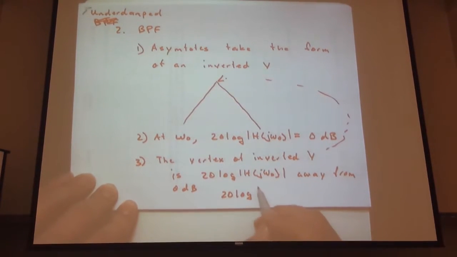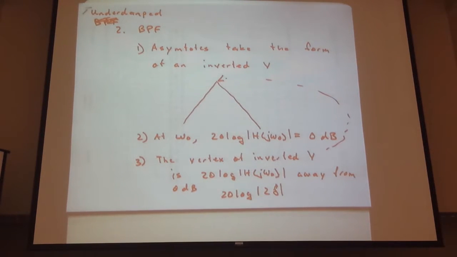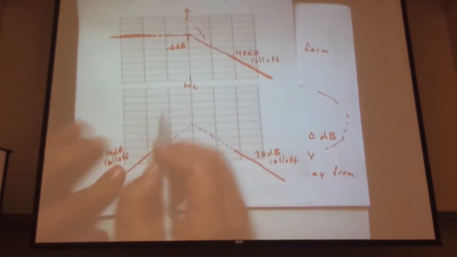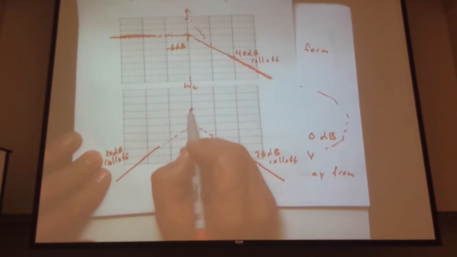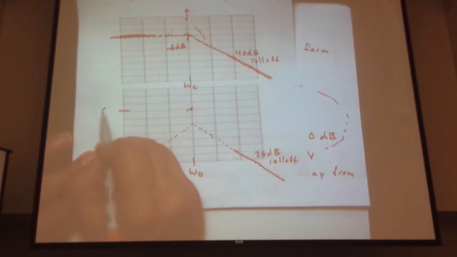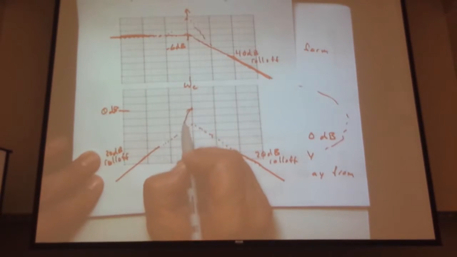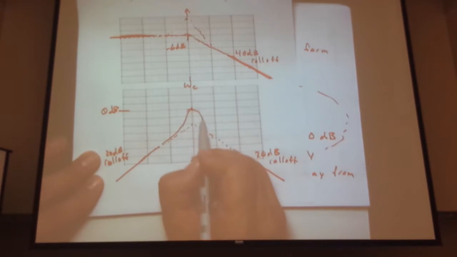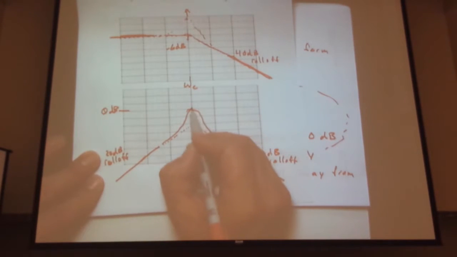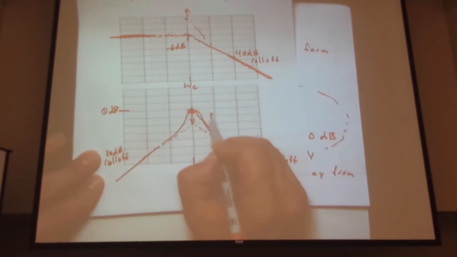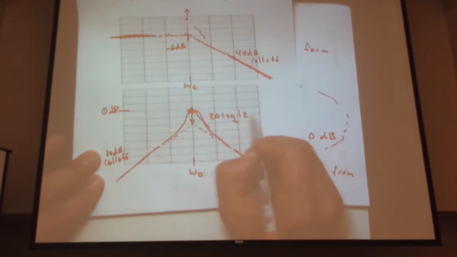Or 20 log of 2 times the damping ratio. So it can be both above or below 0 dB, but if there's our point, ultimately this is a 0 dB point, and our vertex, this distance here is 20 log of 2 times the damping ratio.